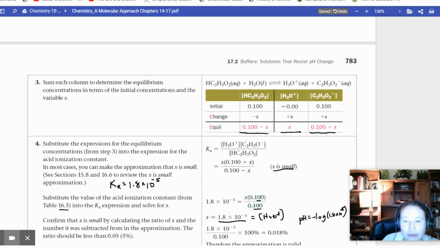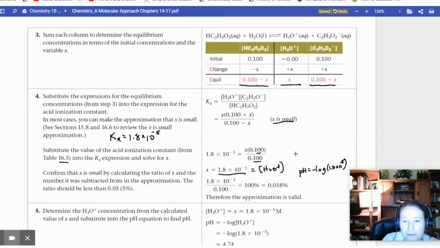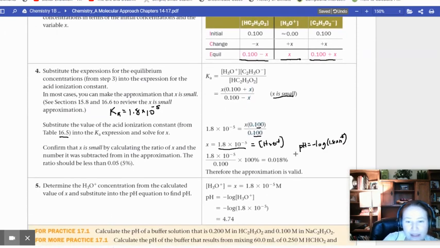It's going to be something close to 5 because it's the exponent of 10. 4.74 is my pH. So the only difference is we're doing an ICE chart just like any other equilibrium, but these equilibriums are special in that we have our acid on the left, and we are starting with a certain amount of the conjugate base on the right.